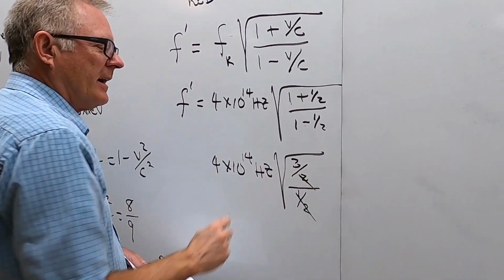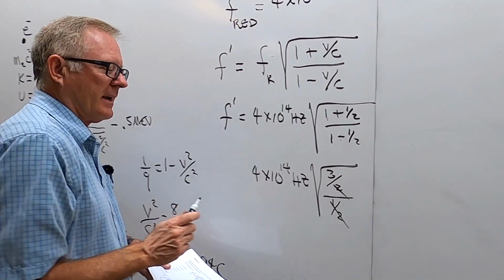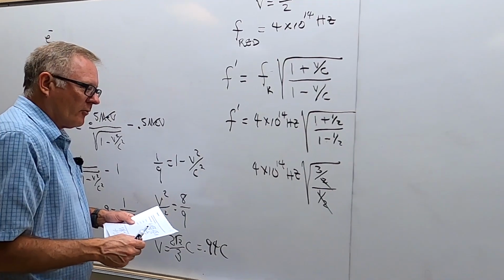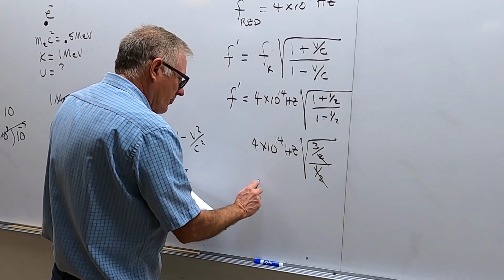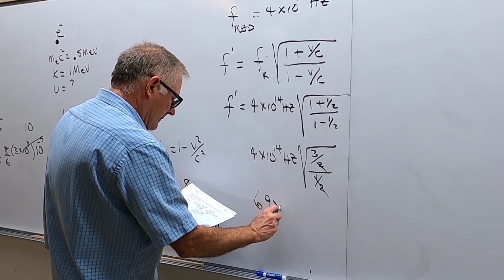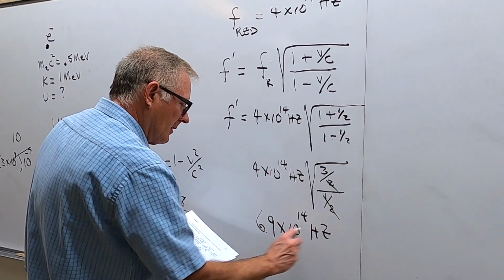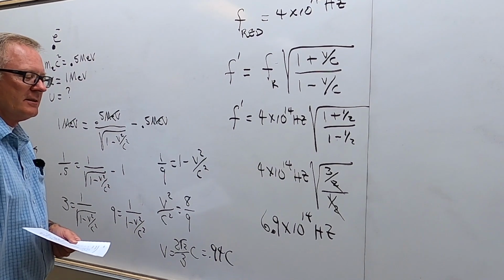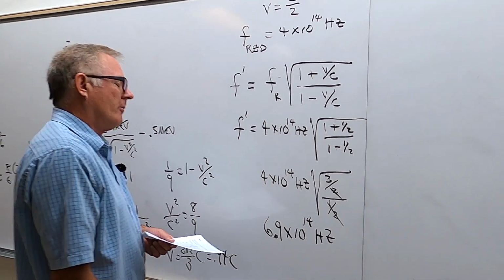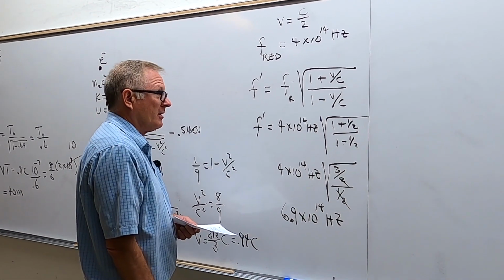The halves drop out, it's the square root of 3 times bigger than this. And 4 times the square root of 3 is 6.9 times 10 to the 14 hertz. So there was the answer right there. That could be up near green.